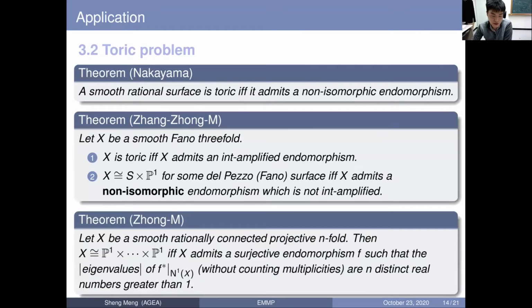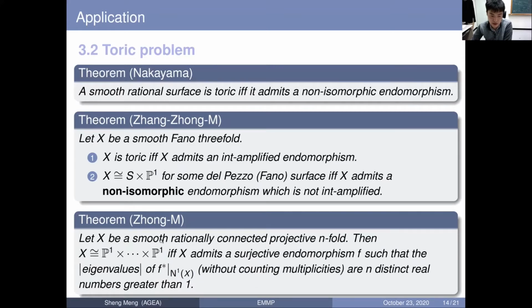And the third is another interesting situation done by Zhong and me. We show that if it is not polarized, and we look at the eigenvalues, if there are at least n different eigenvalues greater than 1, then it must split.